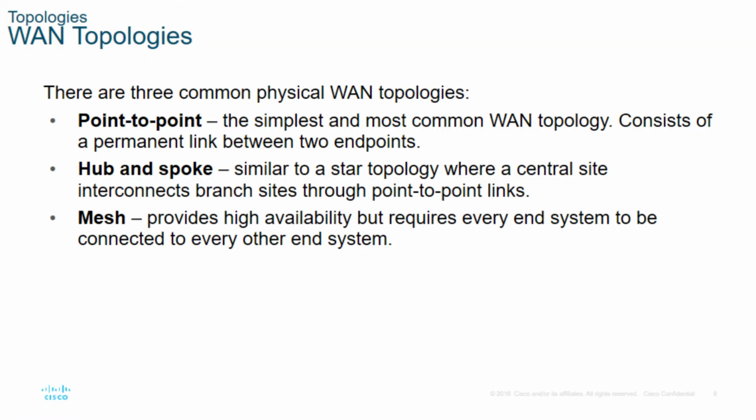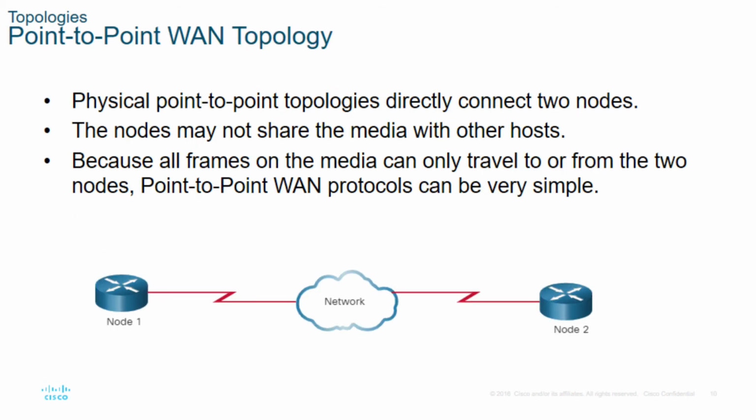Now, point to point WAN topology. So basically, physical point to point topology directly connects two nodes. In this arrangement, the two nodes do not have to share the media with other hosts. Additionally, when using a serial communication protocol such as point to point protocol, a node doesn't have to make any determination about whether an incoming frame is destined for it or another node.